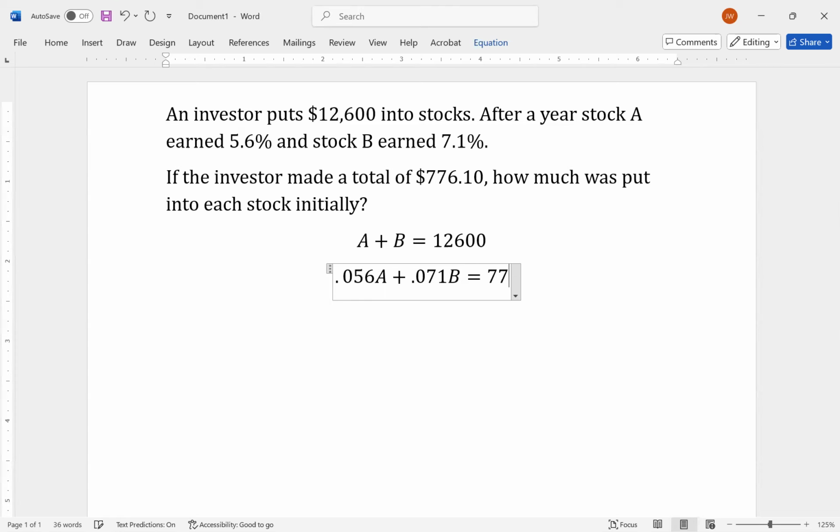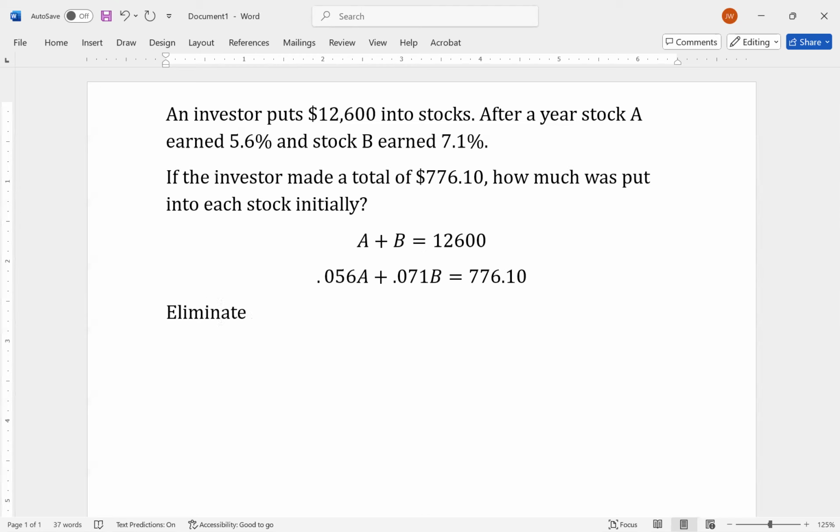The investor made $776.10. Notice it didn't say the investor made 6.2% total. If it said 6.2% total, then we take 6.2% times 12,600. But it just said that the investor made $776.10 total.